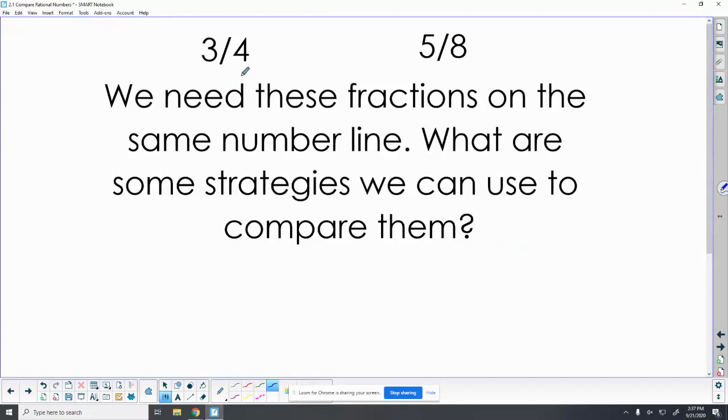The first thing I always like to look for is, do I have the same denominator? No, I don't. The next thing I like to look for is, do I have the same numerator? Again, no. So the easiest way is to make them be the same. If I have 3/4 here and 5/8 here, I always like to see if the smaller one can go into the bigger one if I'm counting by multiples.